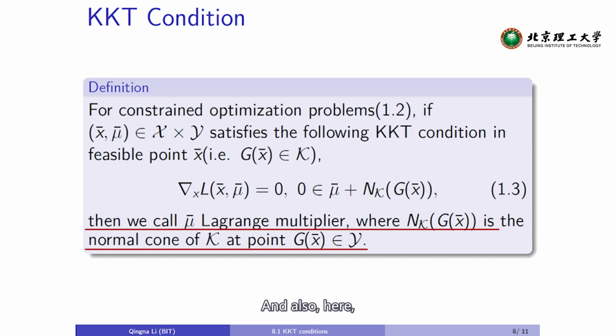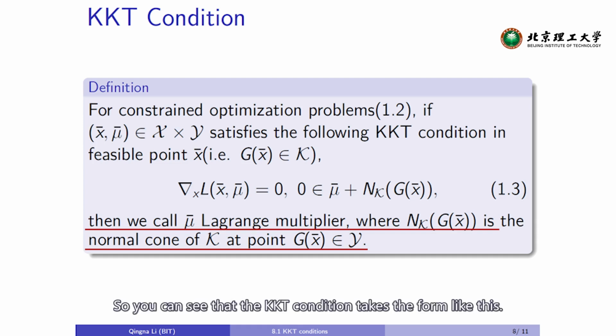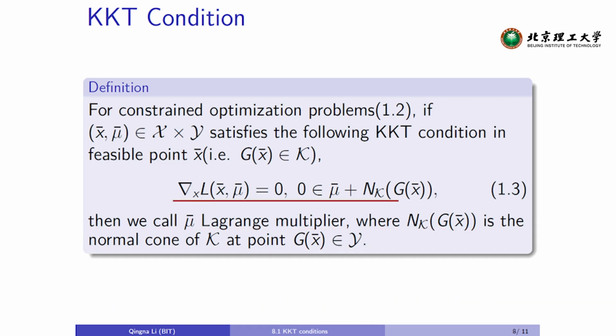Also notice that N_K(g(x bar)) is the normal cone of set K at point g(x bar). So you can see that the KKT condition takes a form like this, okay?